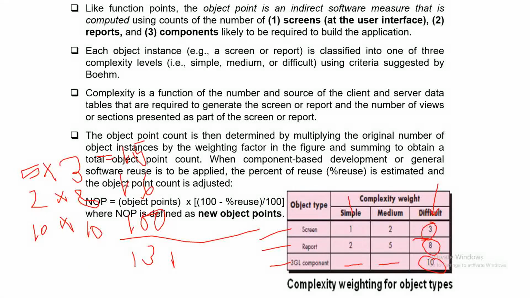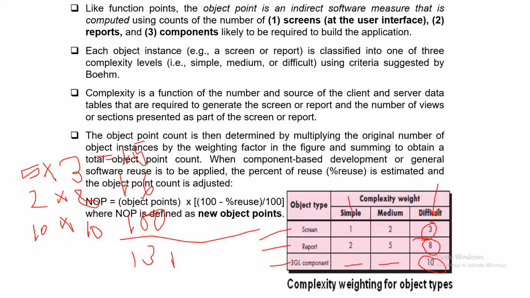Now how to derive an object point? Based upon three factors: the number of screens, the number of reports and the number of components, and identifying the type of system that you are developing, simple, medium or difficult. Then multiply with the respective weightage and arrive at the object point.